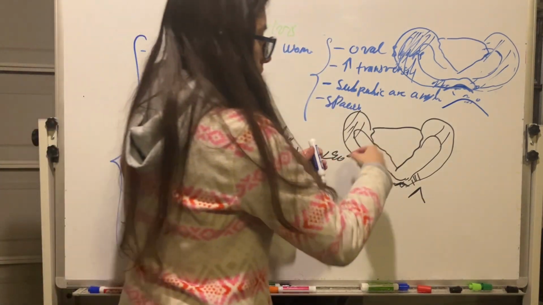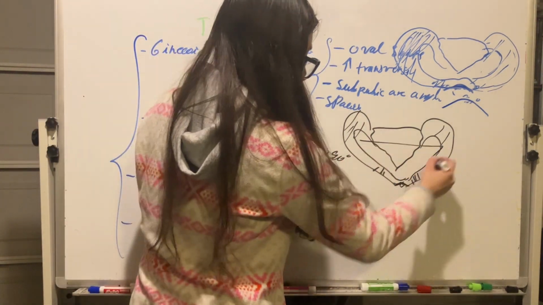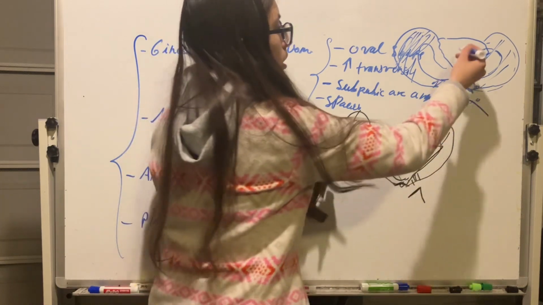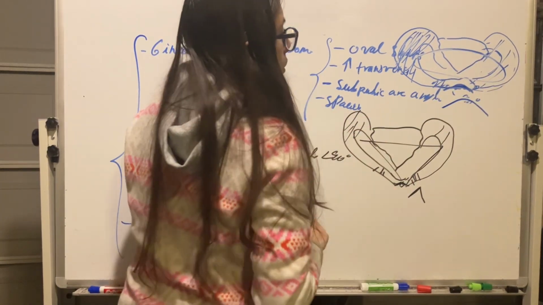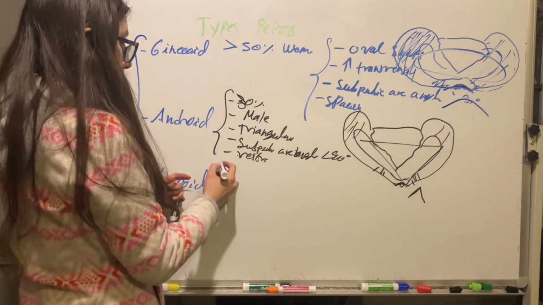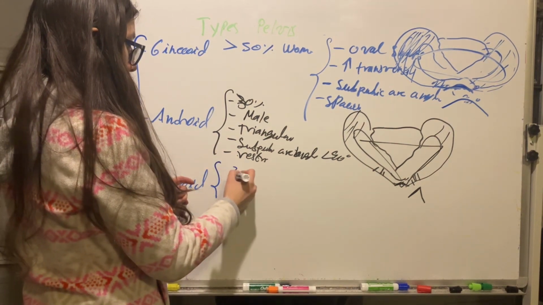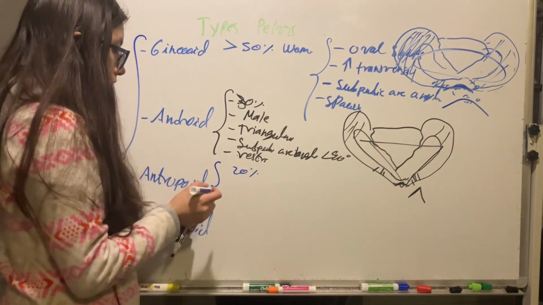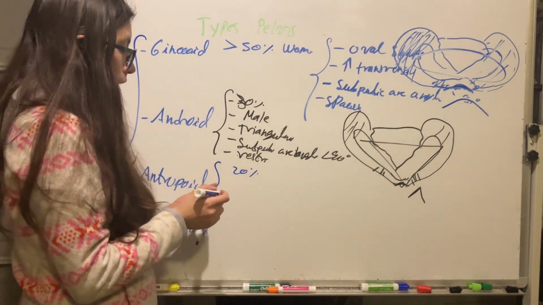So this has a triangular shape, while this has an oval shape. Anthropoid pelvis, this is like 20% of women have this type of pelvis.